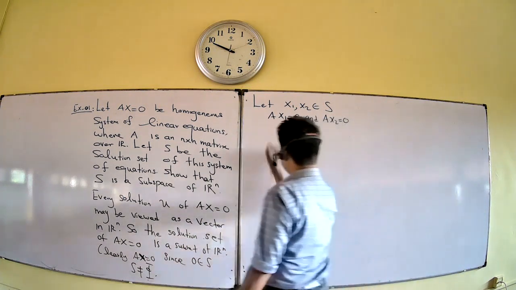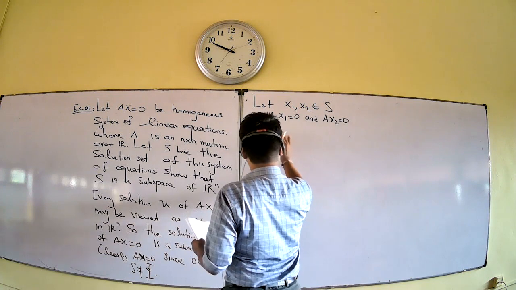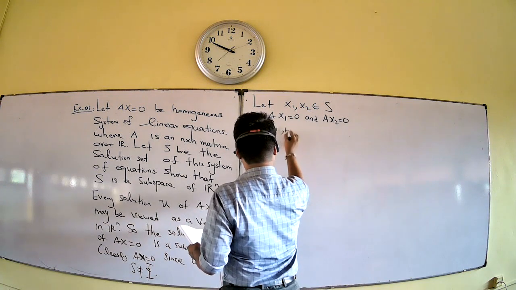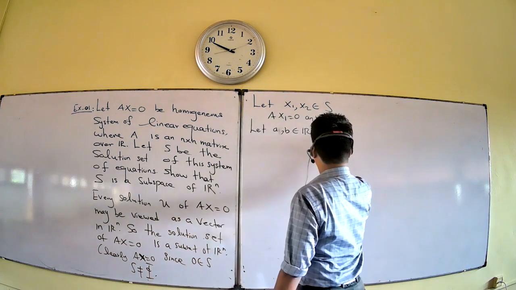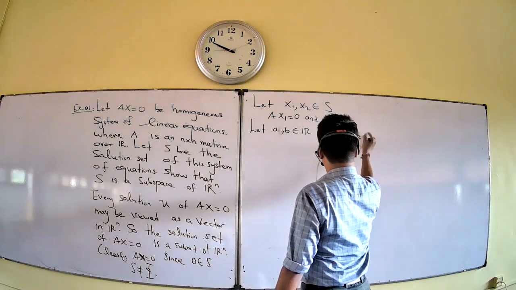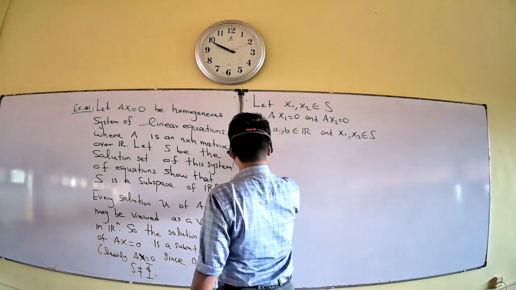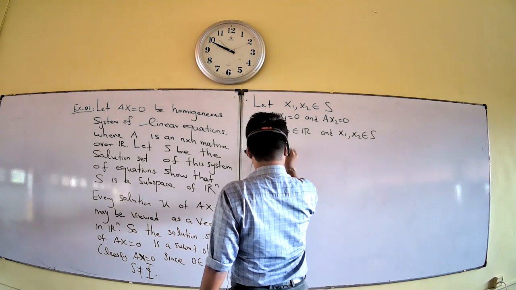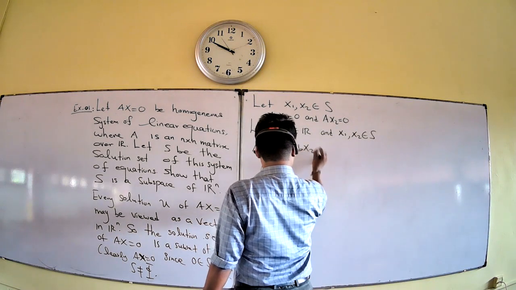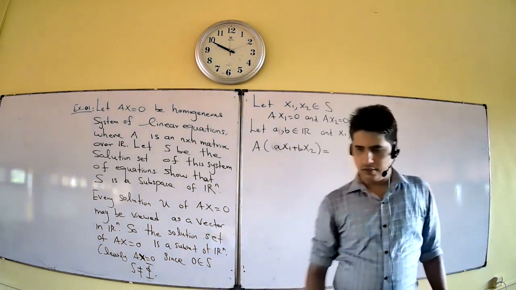Let a, b be two scalars, a comma b belonging to the real numbers, and x1, x2 in S. Consider a x1 plus b x2.